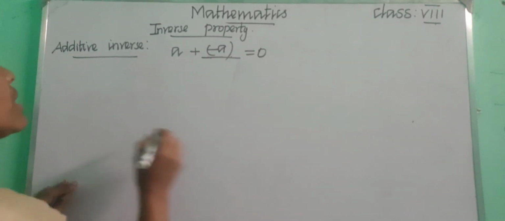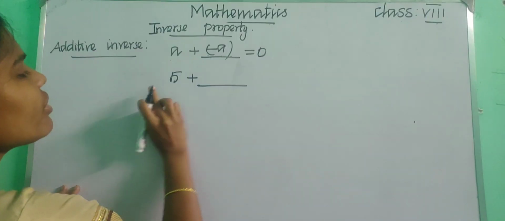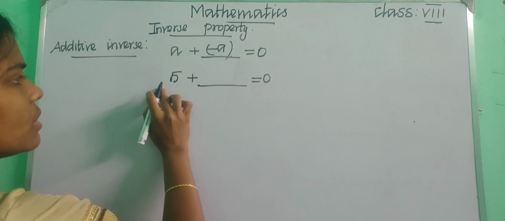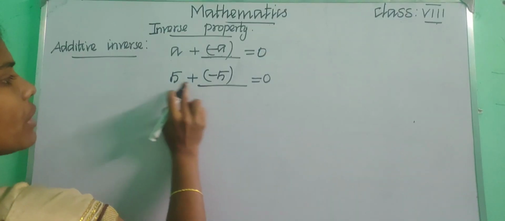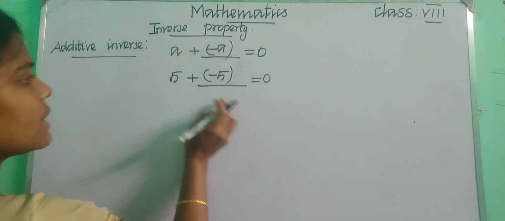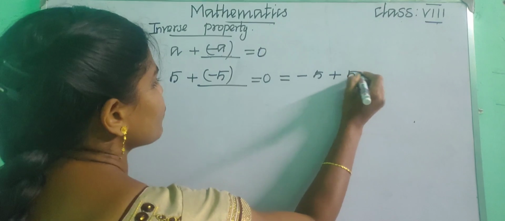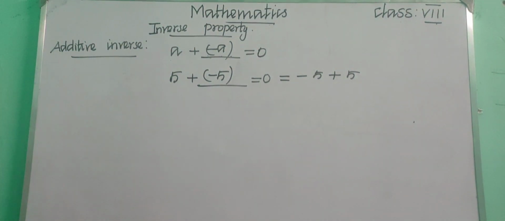So if you are having a rational number 5, what will be added to this rational number to get the answer as 0? We need to use the additive inverse, that is minus 5. Also we can write this as minus 5 plus 5, which gives 0, right? So we are calling this minus 5 the additive inverse.